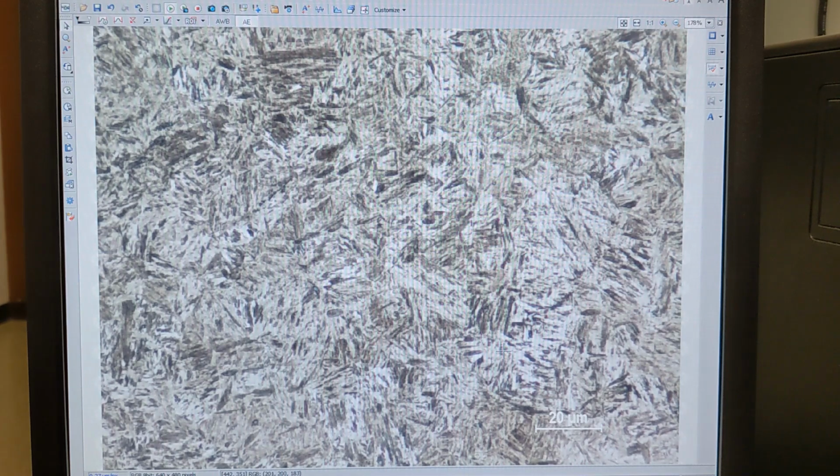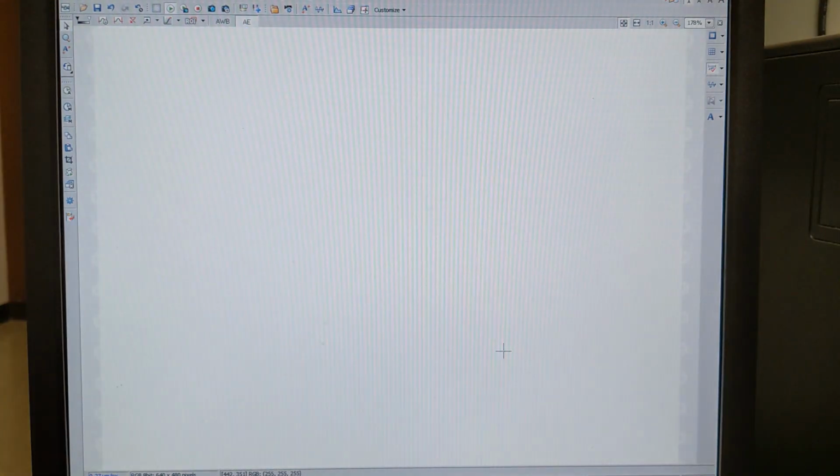So we go to our fourth sample, where we have taken our quenched martensite sample and then heated it at 700 Celsius for 1 hour to ideally, hopefully, get tempered martensite. Which is kind of difficult to visualize, but hopefully you can see we still have our needles. Let's zoom in to 100 times.